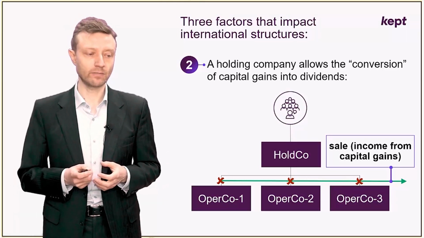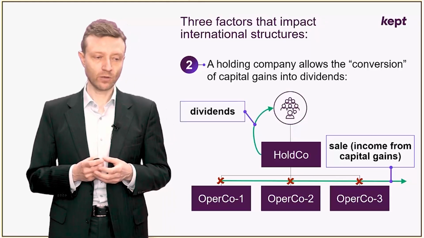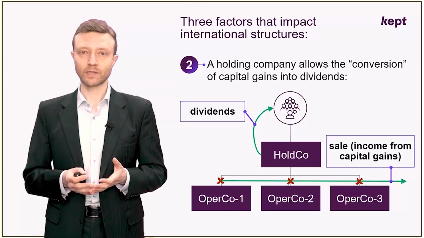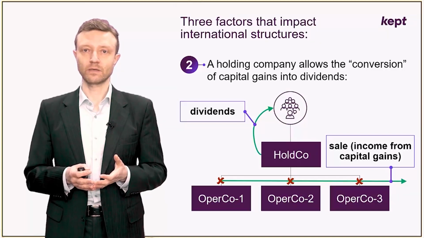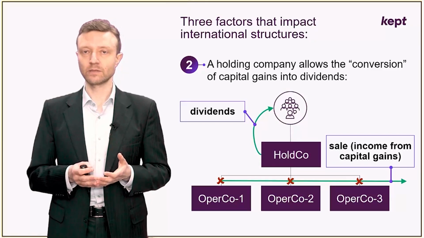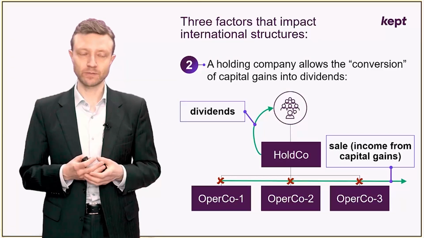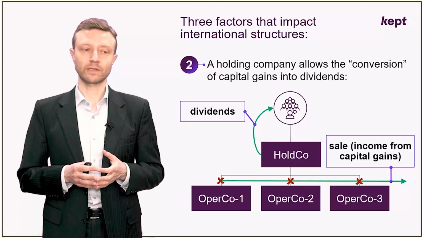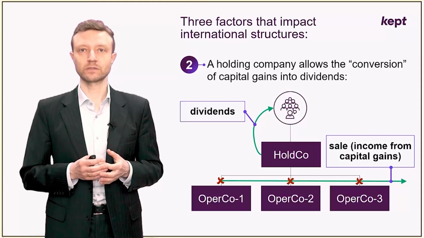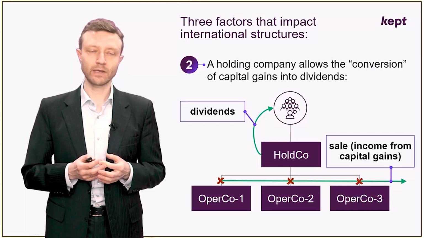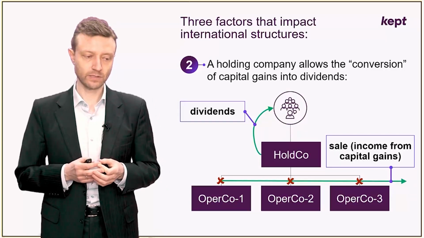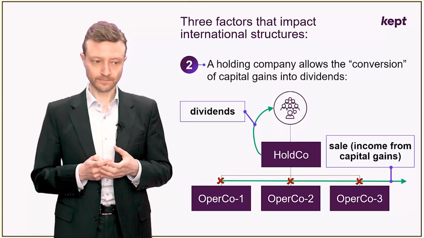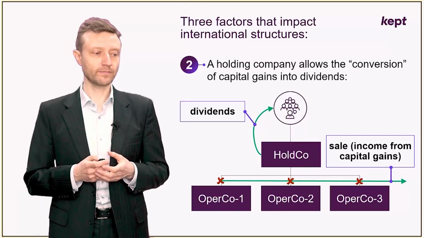The capital gains may potentially be exempt, in which case the shareholders receive dividend income. And dividend income can be subject to lower tax rates, or can be exempt, while capital gains may not be exempt for one reason or another. For example, in Portugal, the so-called NHR rules exempt dividends in many instances, but in many cases they do not exempt capital gains. This is why this sort of conversion of capital gains into dividends makes sense. And there are other examples like this.